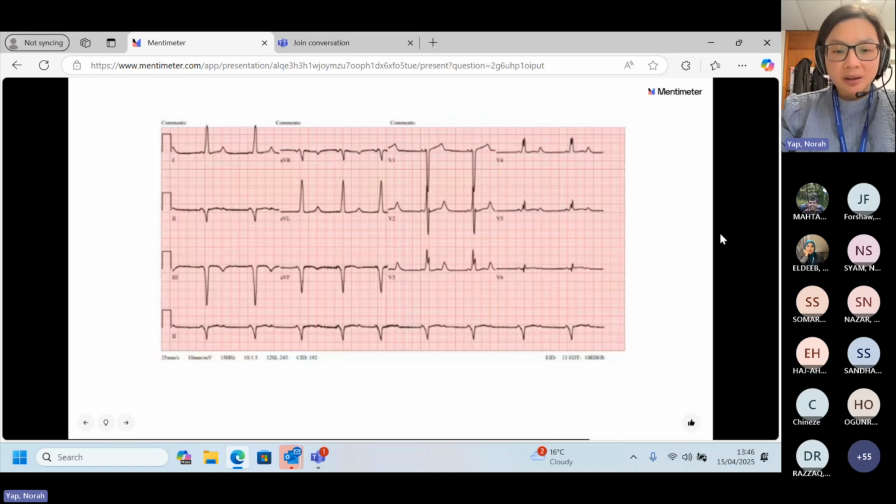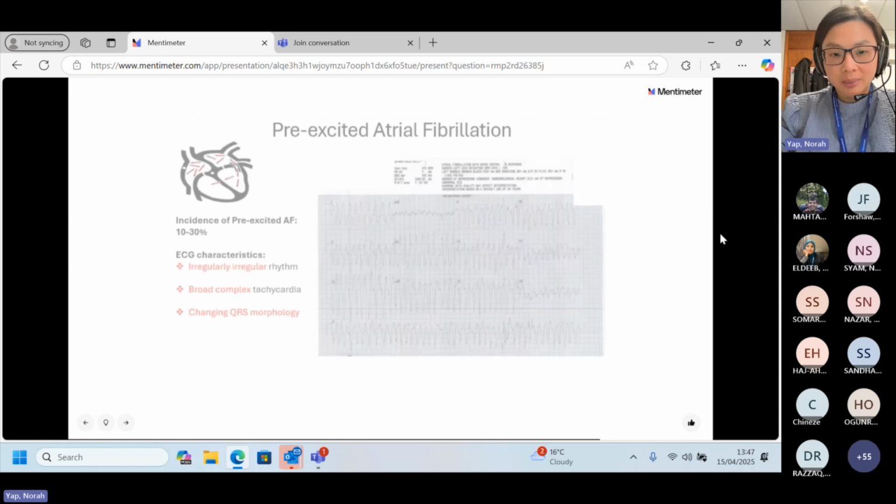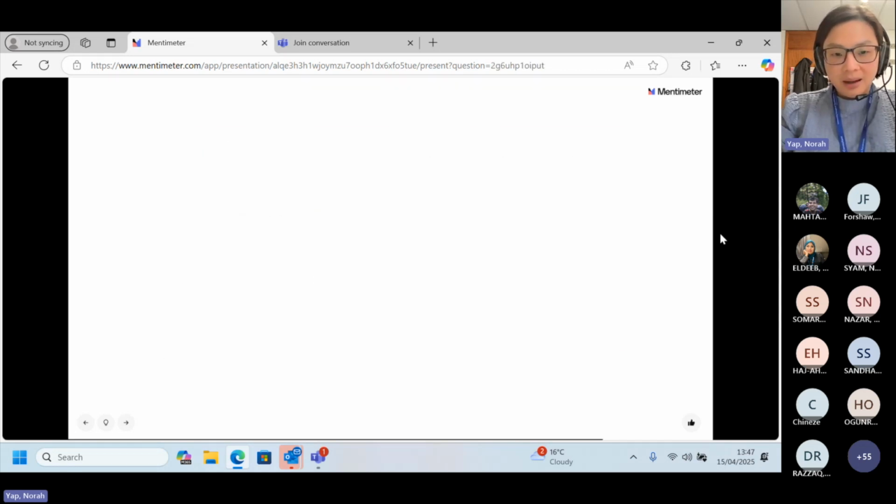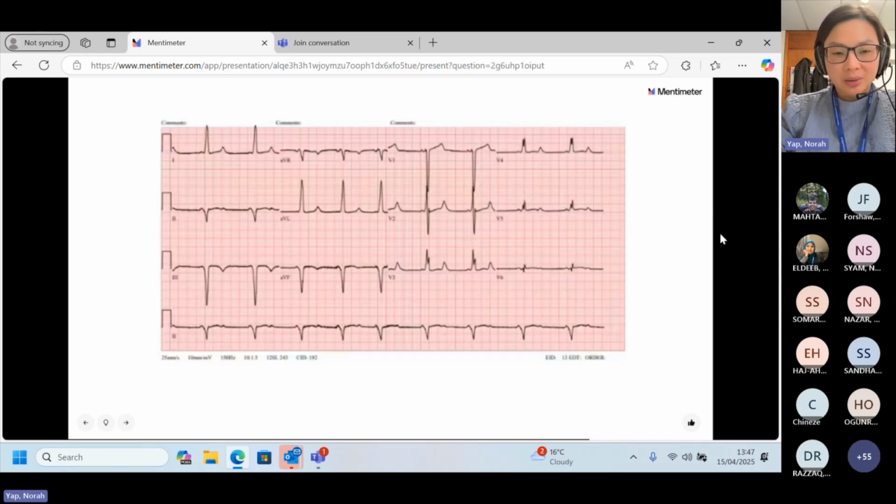Why did I put this? I can't remember. Anyway, I think I just put this just to show that you DC shock, and then in a sinus rhythm, you see ventricular pre-excitation. So you've got your delta wave essentially.